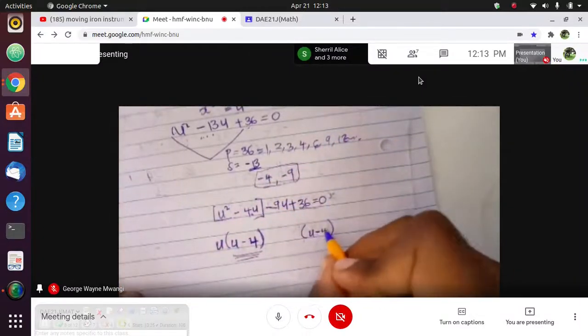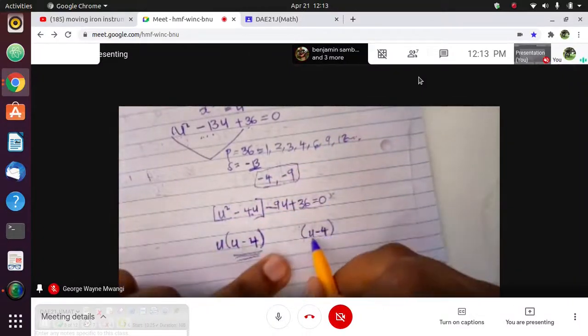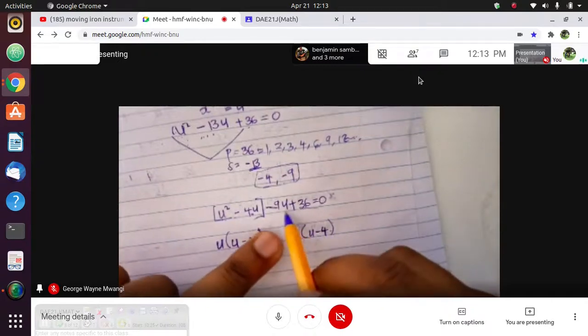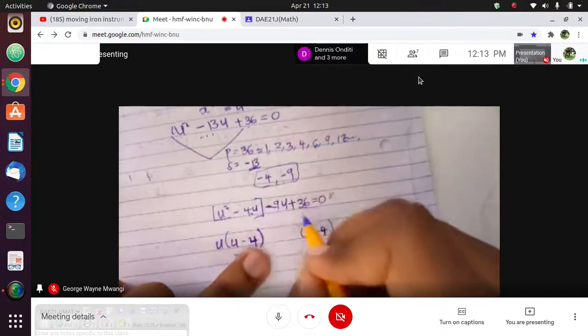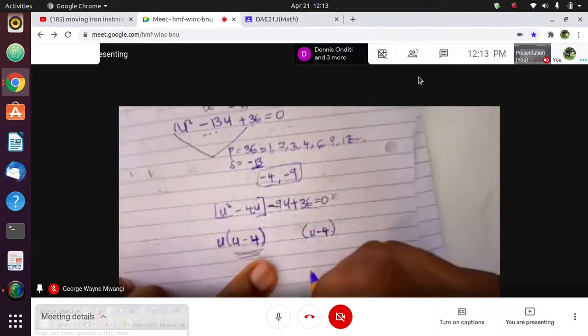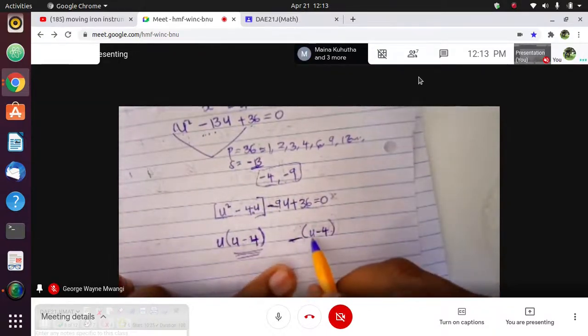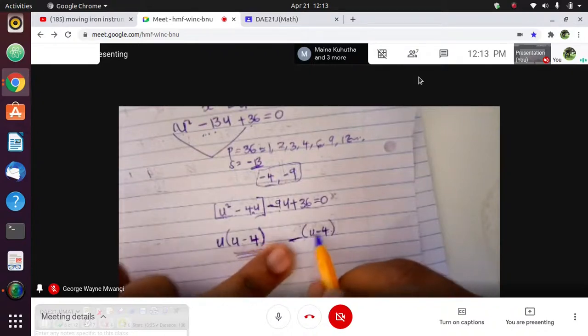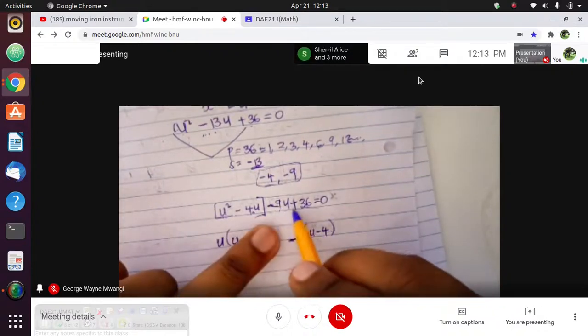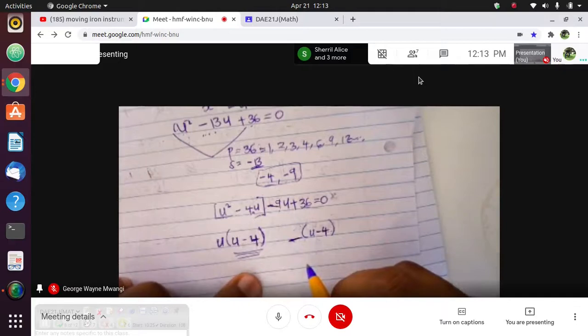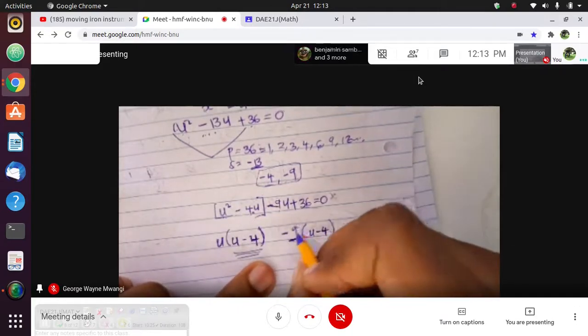So u minus 4. Now what will I multiply this bracket u minus 4 with to get minus 9u plus 36? I will multiply with minus 9.